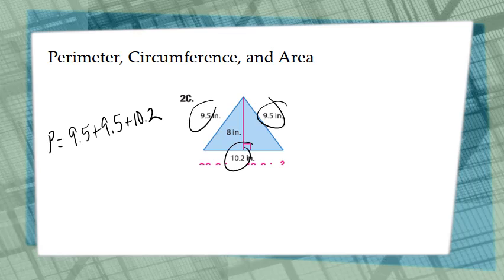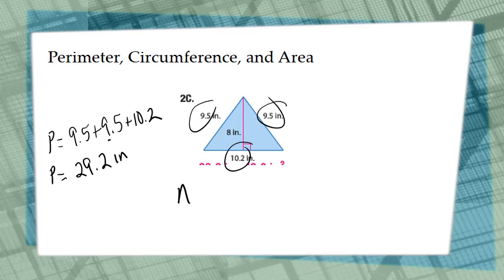Let's see, 9.5 plus 9.5 is 19. And then 19 plus 10.2, so my perimeter must be 29.2 inches. All right, not too bad.